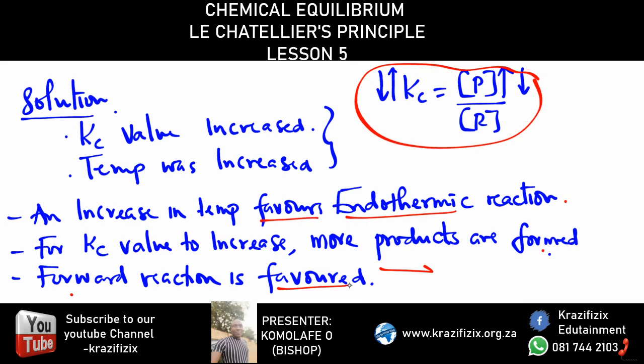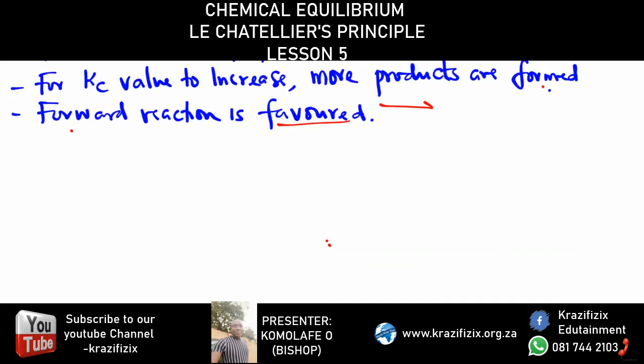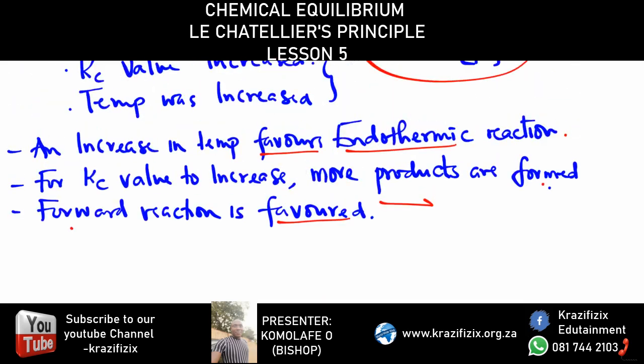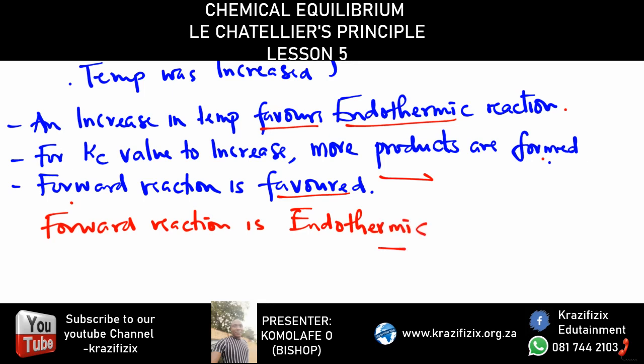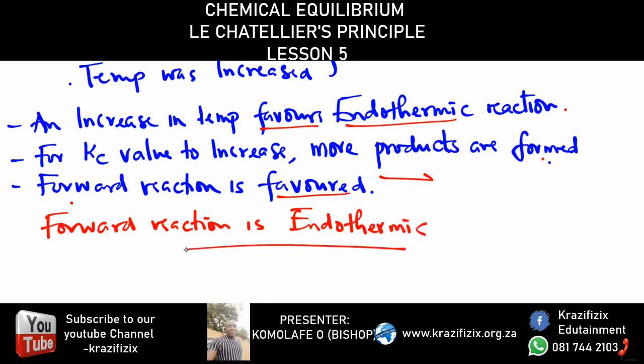Can we combine the two? An increase favors endo, and the forward reaction is favored. Can I then conclude that my forward reaction is endothermic? Conclusion. Forward reaction is endothermic.